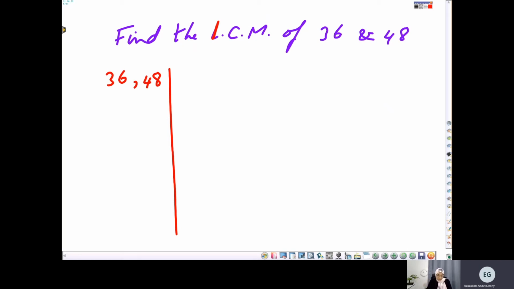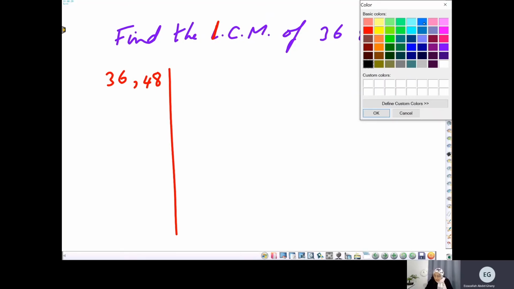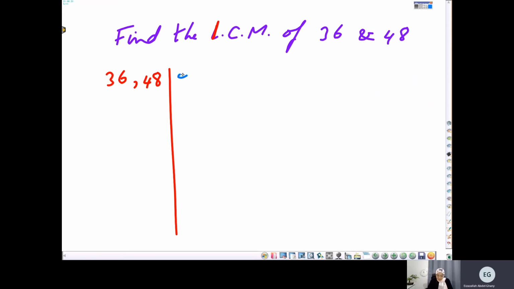So 36 and 48, and now let's go. Are they divisible by 2? Yes, both of them. So you have to perform the division for both of them in one shot. 36 divided by 2 is 18, and 48 divided by 2 is 24. And then divisible by 2? Yes, both. So don't postpone any of them. 18 divided by 2 is 9, 24 divided by 2 is 12.